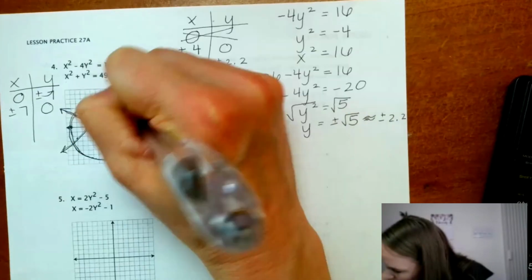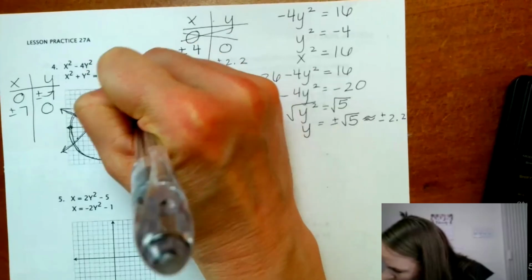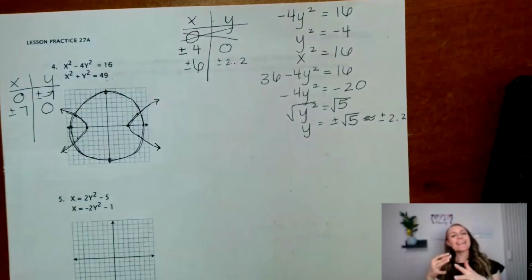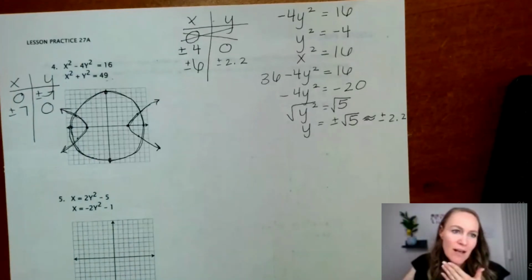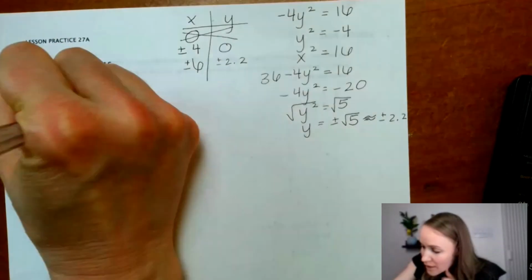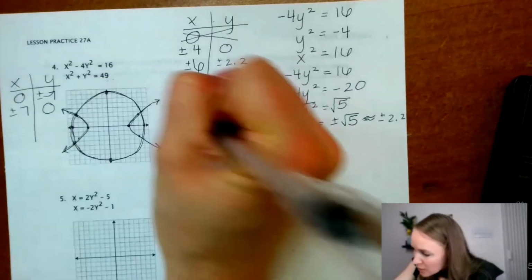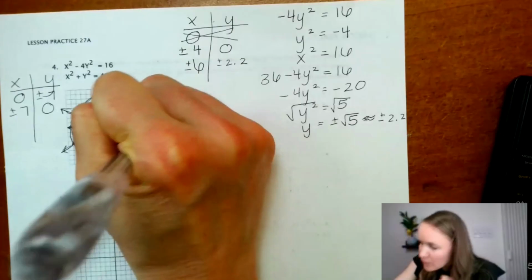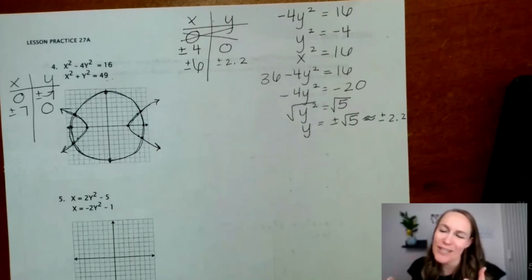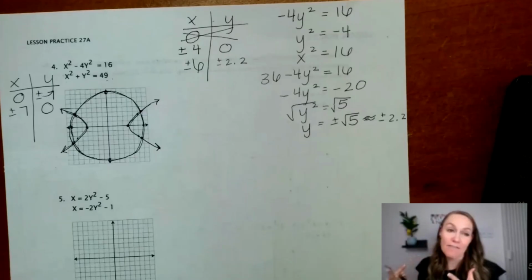So I can tell what's going on, right? I'm actually going to have 4 solutions. 1, 2, 3, 4. But I've just sketched the graph. None of my points that I plotted lined up right.